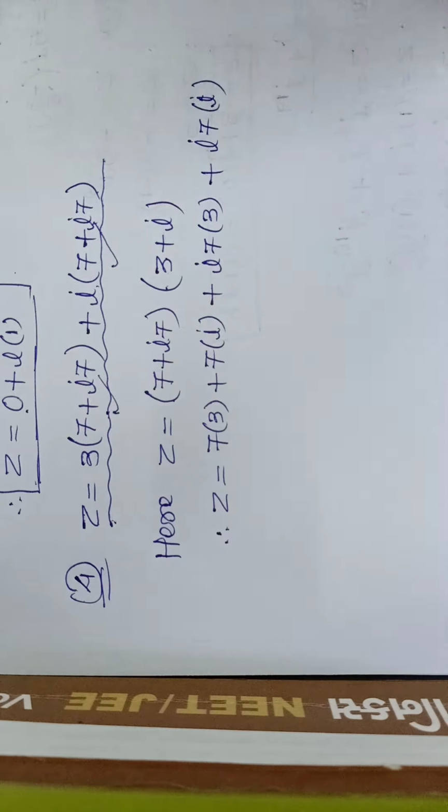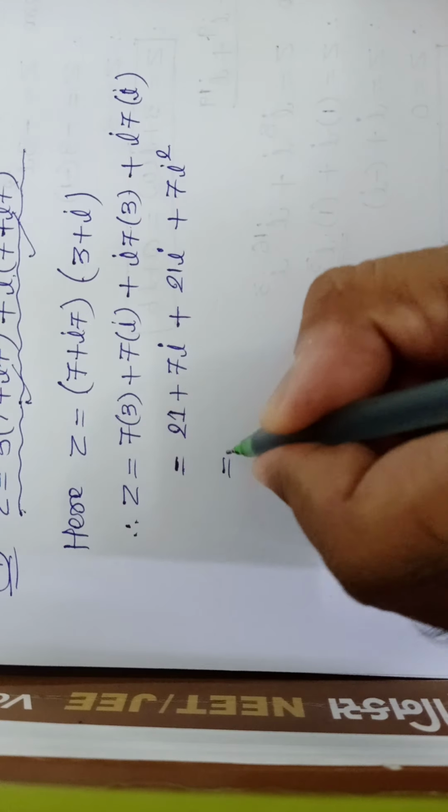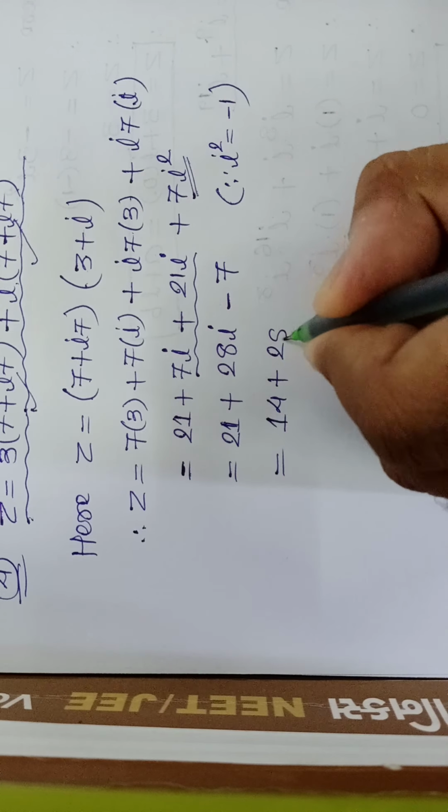Now multiplying this, 7 3s are 21 plus 7I plus 7 3s are 21I and plus 7I square, right? 21 plus 7I plus 21I, that is 28I. 7 plus 21 is 28. And this is, my dear friend, minus 7. The reason is I square is minus 1, an imaginary number. And now finally your answer, 21 minus 7 is 14 plus 28I.